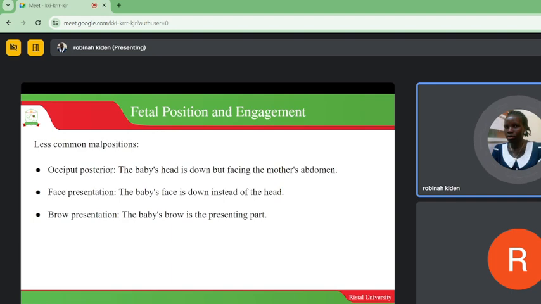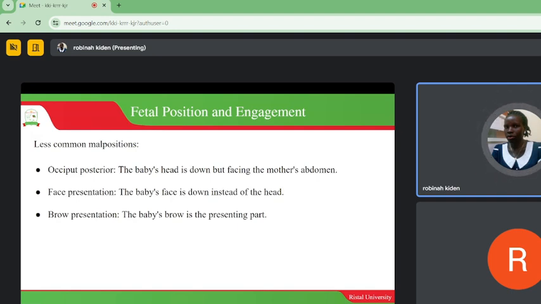Then let's look at less common malpositions. One is the occiput position. The baby's head is down, but instead of the face facing the mother's spine, the face is facing the mother's abdomen. Then face presentation, where the baby's face is down instead of the head.